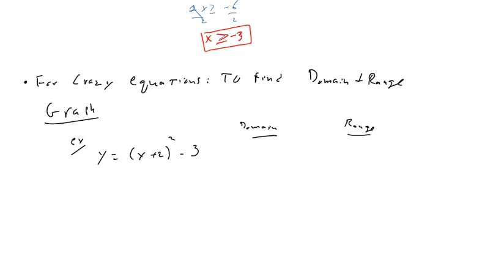Does this equation have a variable in the denominator of a fraction? No, it does not. Is this equation inside a square root? No, it's squared. That's different. No square root, no fraction. That means my domain is automatically all real numbers. Those are my only two restrictions. If I have one of those situations, I got to figure it out. If I don't, it's all real numbers automatically.